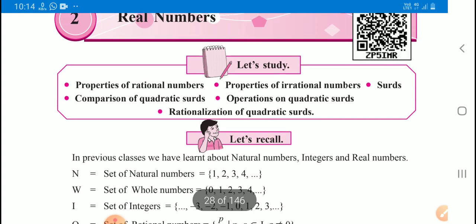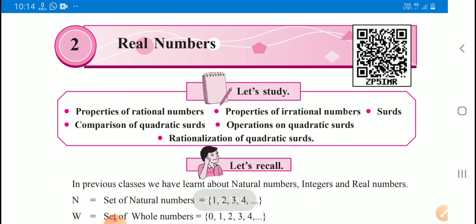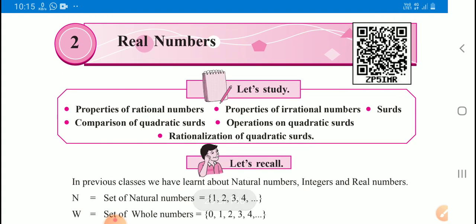So within that, real numbers means rational and irrational numbers together are known as real numbers. Real number is like a universal set. It contains all numbers such as natural numbers, whole numbers, integers, then rational numbers and irrational numbers also.